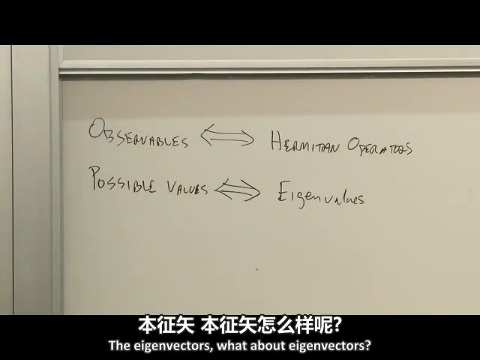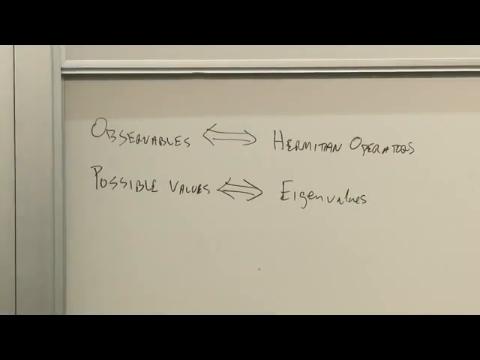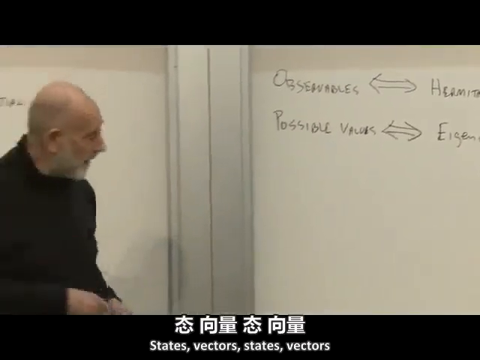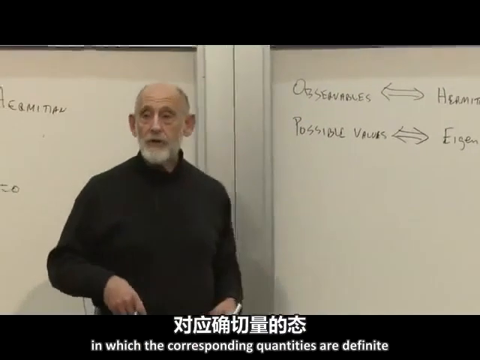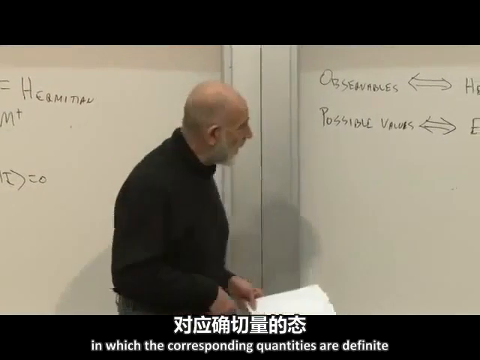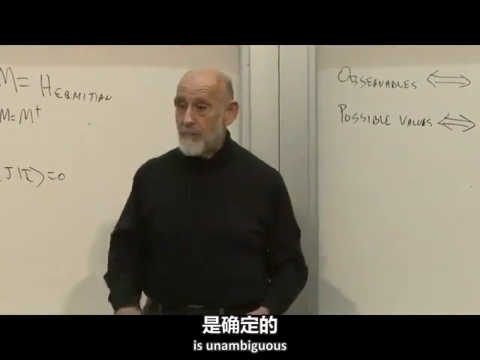What about the eigenvectors? The eigenvectors correspond to states, vectors. The eigenvectors are the states in which the corresponding quantities are definite, in other words, in which the measurement of them is unambiguous.